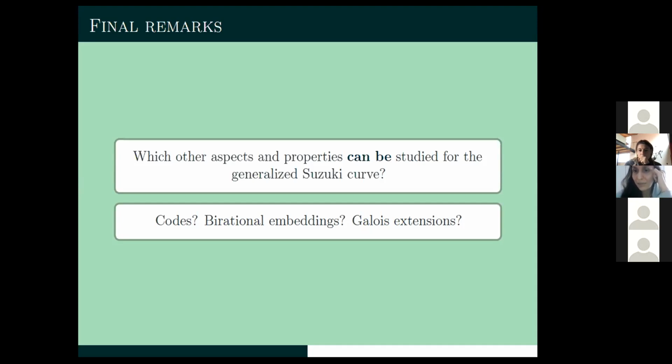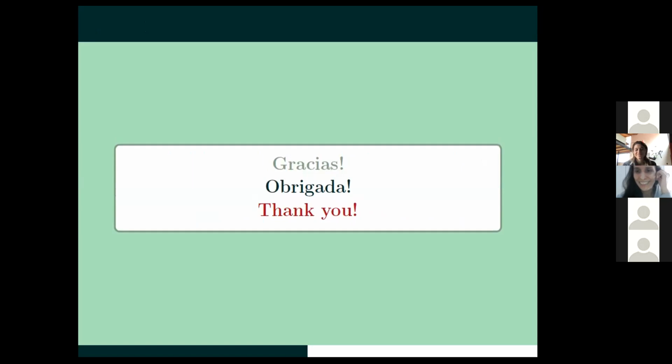So when we try to extend these results to the generalized Suzuki curve, it's not so easy to transfer them, but this is good because we need to develop other techniques and other machinery to do this. So thank you very much for your attention.